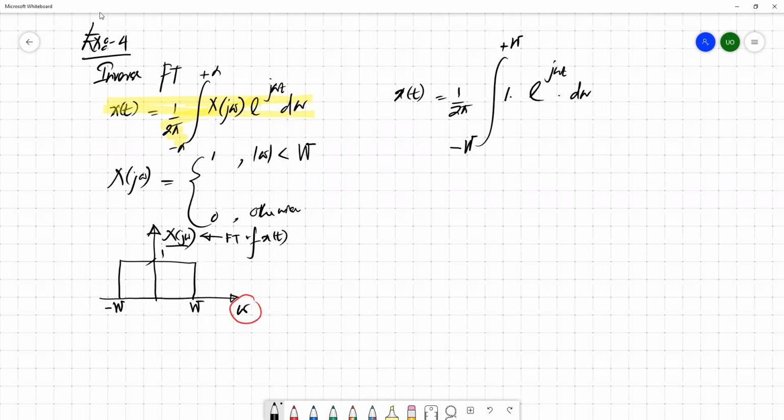So you will end up with this kind of a function.